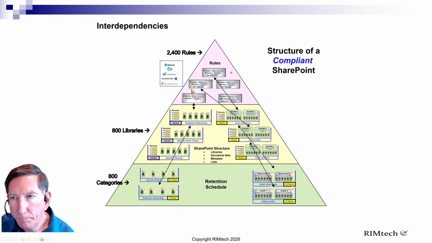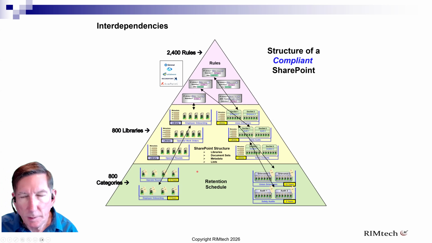So it's critical that you keep this system stable, predictable, and structured. That's what it takes to be compliant. If libraries are popping up every day, you'll never be able to govern that. So, on average, each category will have 3 content rules. So you have to write 2,400 content rules up here in this example, 2,400 of them, regardless of which software you purchase.